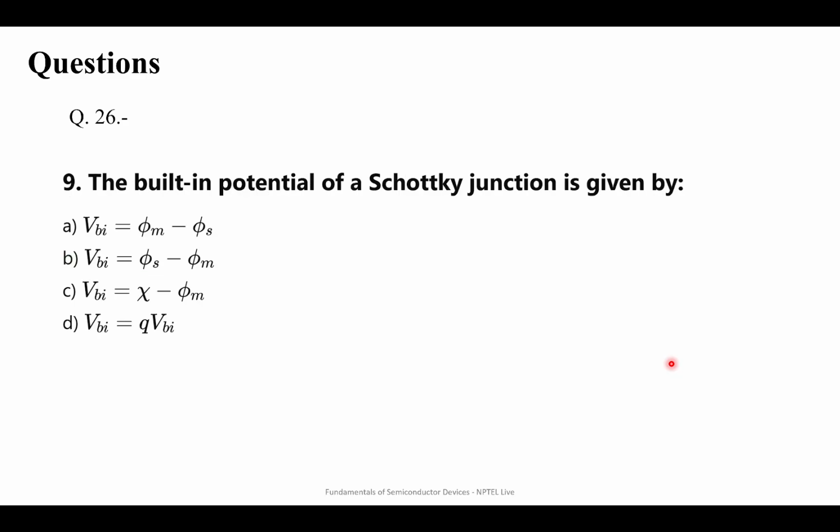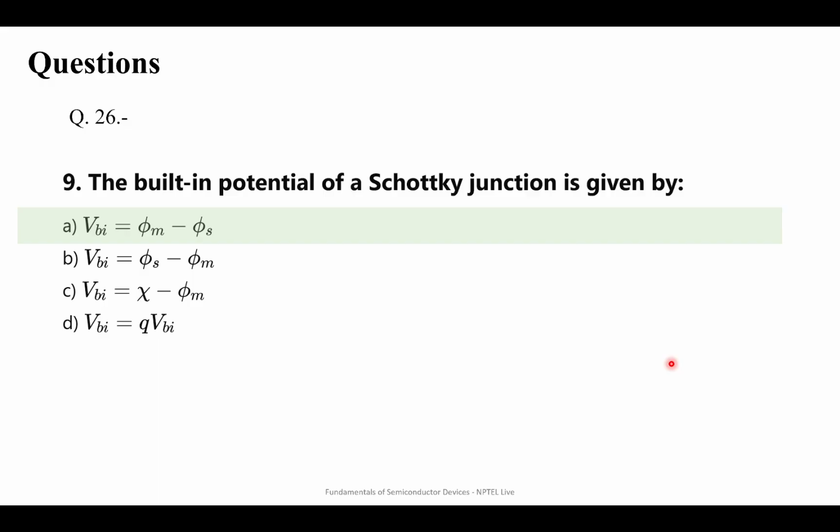Next question: the built-in potential of a Schottky junction is given by VBI equals phi m minus phi s, VBI equals phi s minus phi m, VBI equals chi minus phi m, VBI equals q VBI. That is correct.